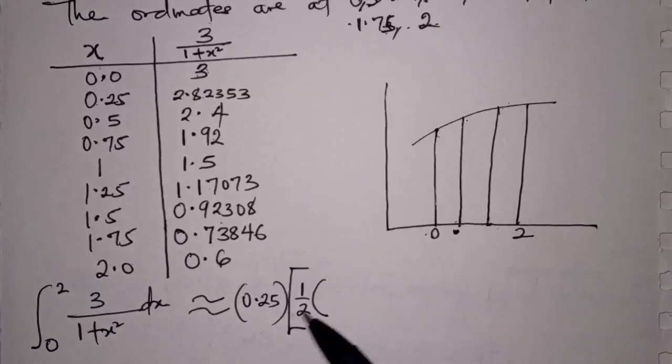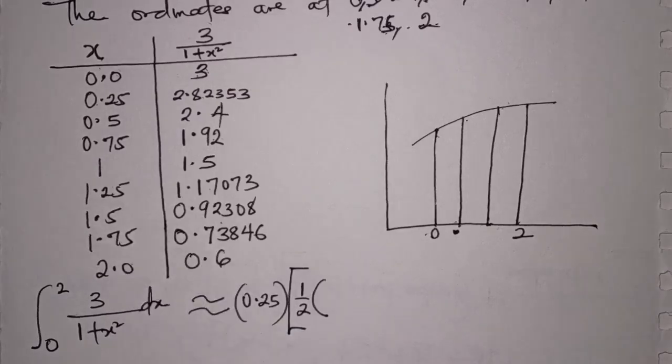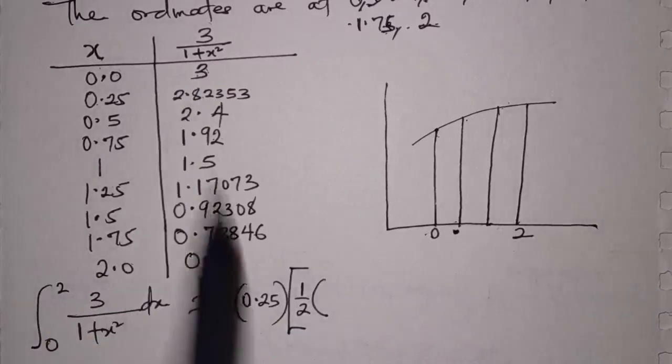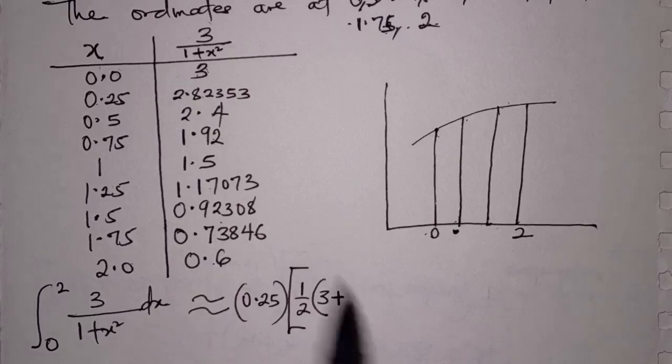I am adding the y-ordinates here, not the x-ordinates. Take note. The first ordinate for y is 3, and the last ordinate for y is 0.6.